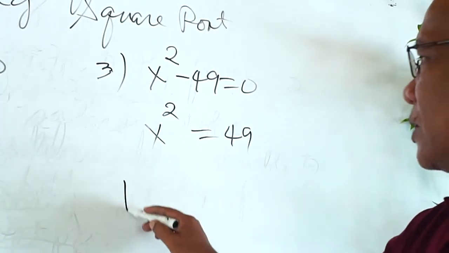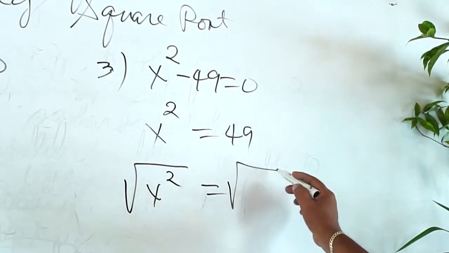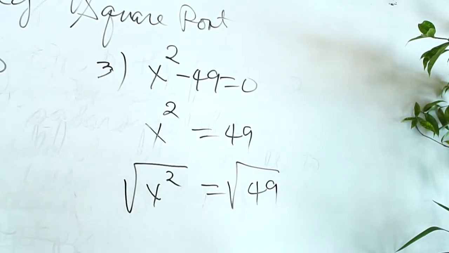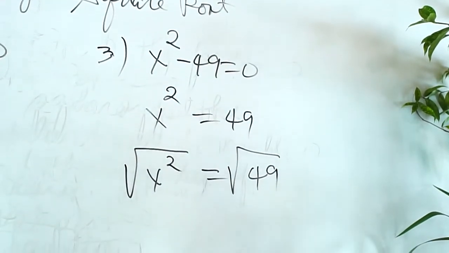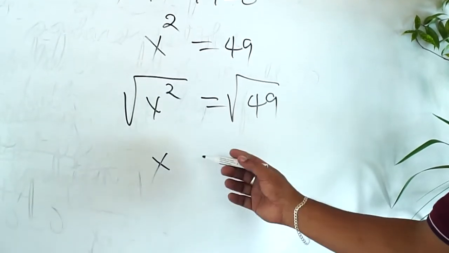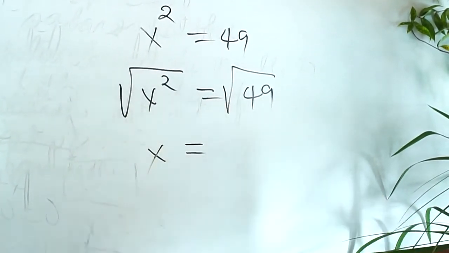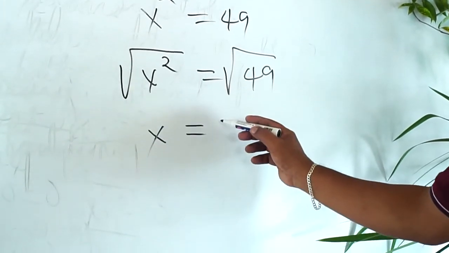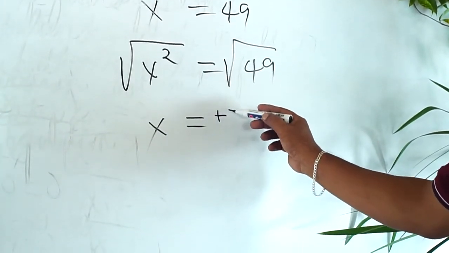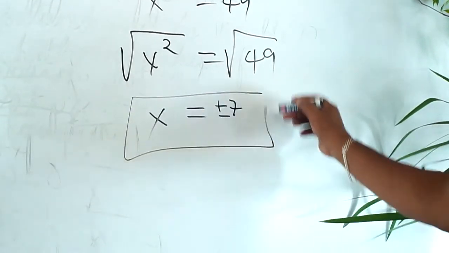The square root of x squared is x, and the square root of 49 is 7. So the answer is x equals positive 7 and negative 7. So this is now the answer.